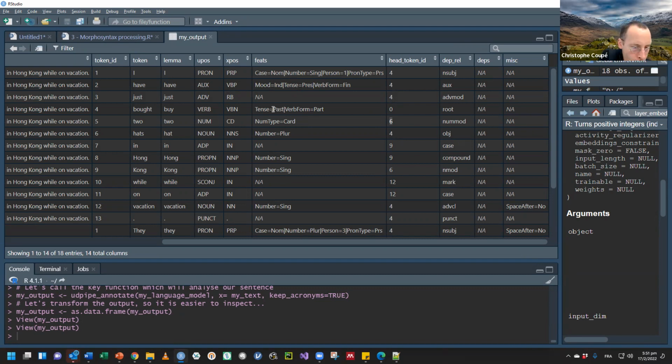Or with some other students, we try to use this to analyze the style of famous writers. And we use the output of this to create some deep neural networks. That's the input. It becomes the input for other tools. But you will see also, maybe most importantly, why lemmatization is so interesting.